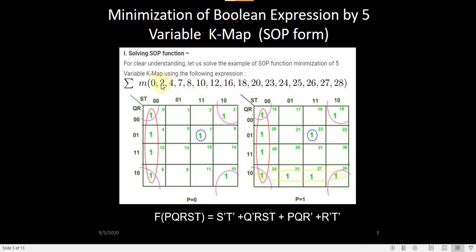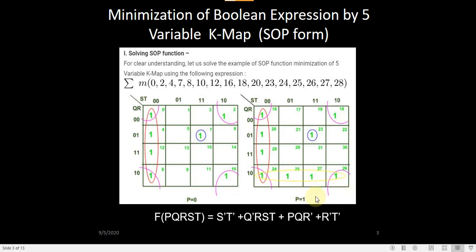Suppose if it is an expression, if somebody gives f is equal to q plus rt plus something like that, instead of min terms, in those circumstances you can write and add t, because from the expression it doesn't matter. You just have to see those expressions and write. But if you jumble this up and take say r outside, it is going to be even more difficult. So this is the best possible thing to do.